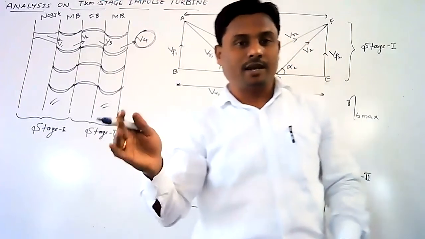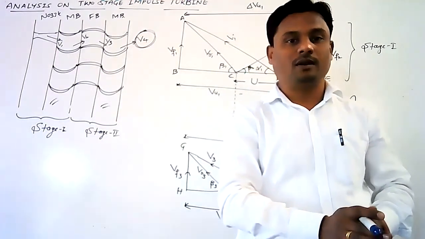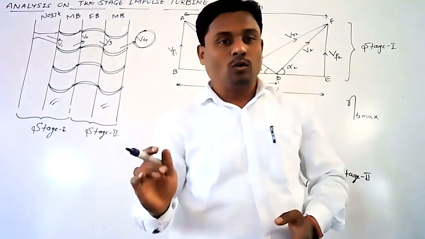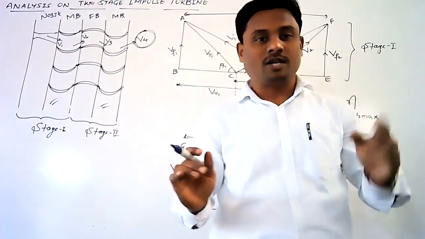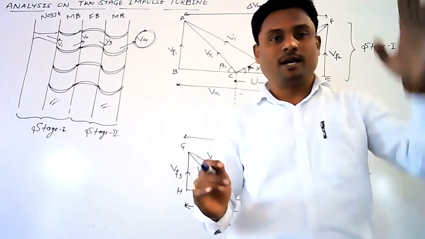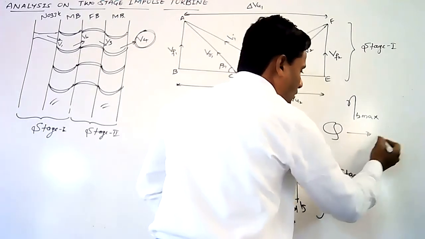The complete energy carried by the steam is completely converted into useful mechanical work, which is highly impossible, because heat is low grade energy and work is high grade energy. I repeat, heat is low grade energy and work is high grade energy. It is highly impossible to convert heat completely into work.